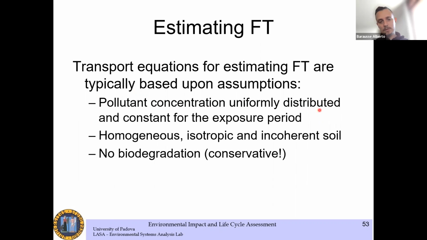Those simple models are usually based upon simplifying, or precautionary, assumptions, such as pollution concentration which is uniformly distributed and constant in the exposure period, homogeneous isotropic soil, and no biodegradation rate if you want to be conservative.